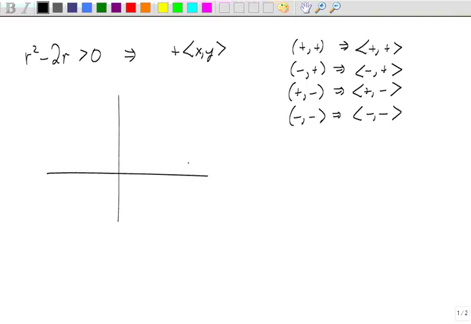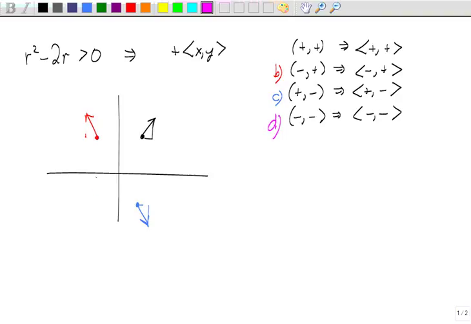So when you're in quadrant 1, your vector is going to be positive, positive. It's going to point away. When you're in quadrant 2, you're going to go negative, positive. Again, it's going to point away. When you're positive, negative, we're in quadrant 4, it's going to go positive, negative. You're going away.